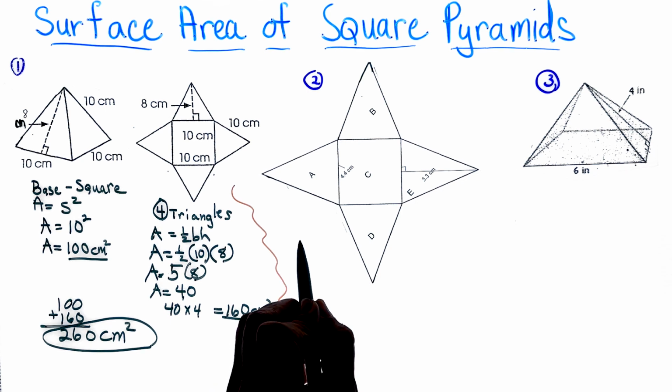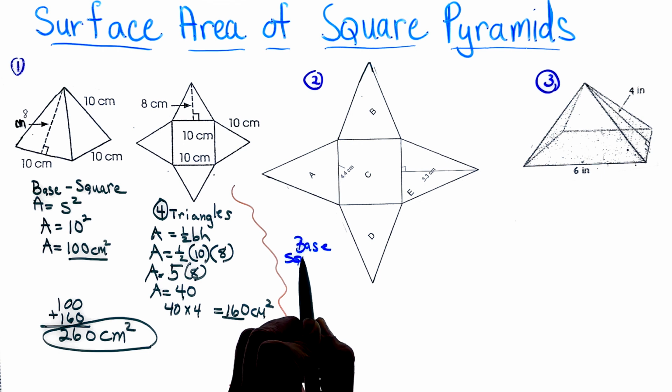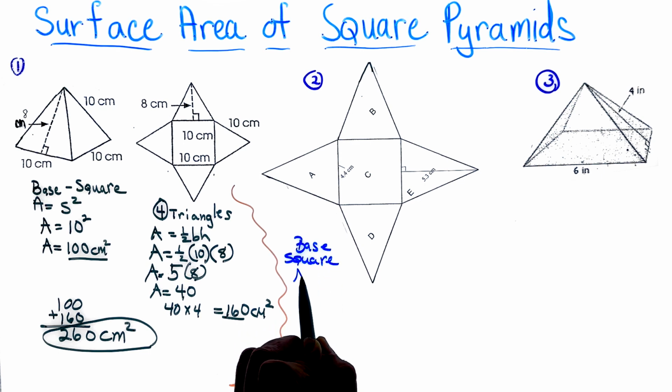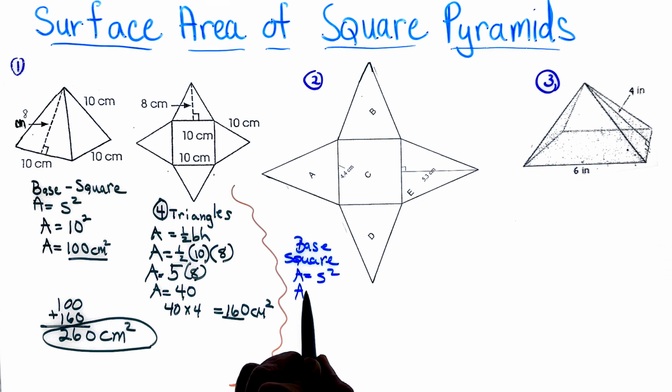So I'm going to start off with my base that we know is a square, and the area is equal to side squared. So area is equal to 4 4/10, and we are squaring that.